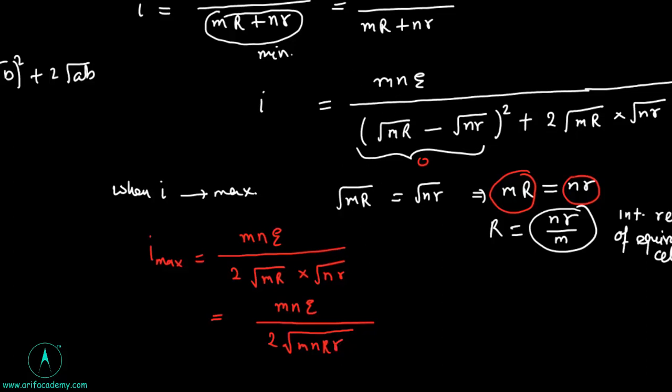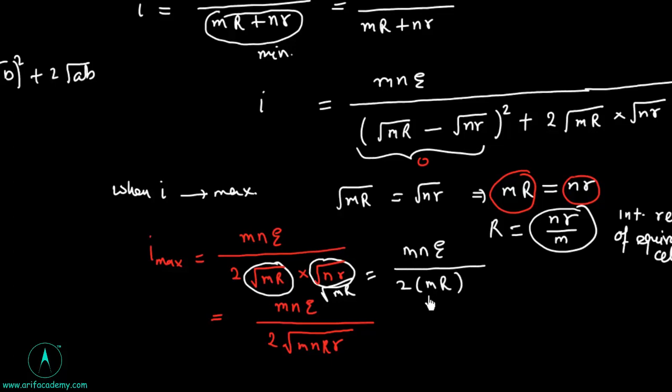If this is replaced by √(mR), this equals mnE upon 2mR. m will cancel out, so this equals nE upon 2R.